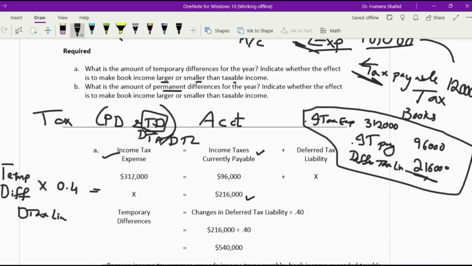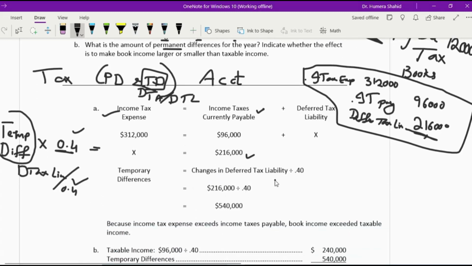So this is what I'm doing over here. I know the deferred tax liability, I know the rate, but I want to calculate the temporary difference. So I'll simplify this expression, keeping the temporary difference on this side of the equation and taking this 0.4 to the other side of the equation. So the rate will become the denominator.